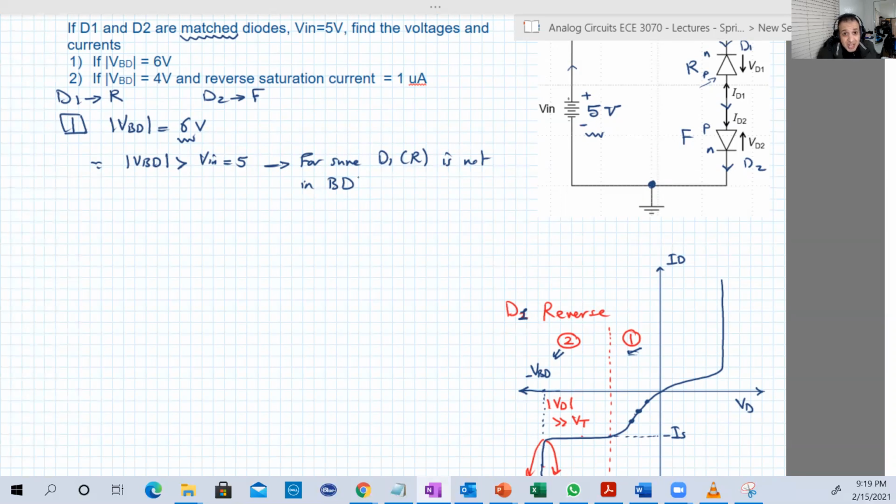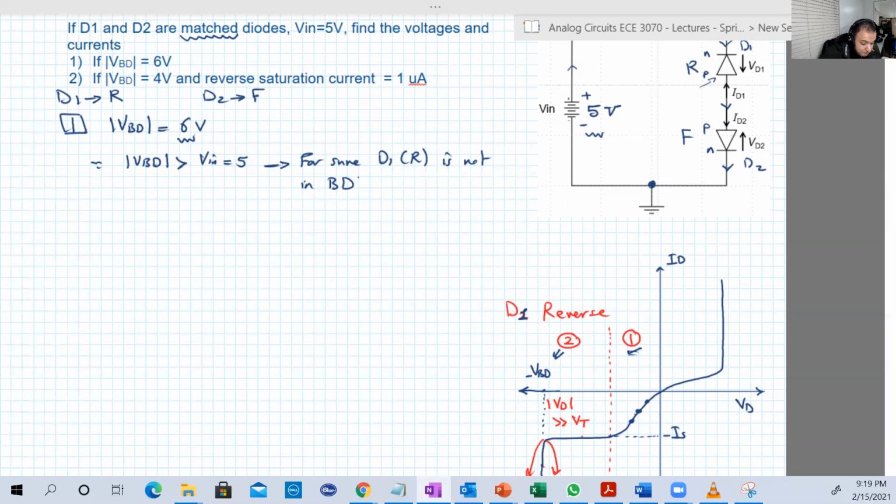But if we assume it's in 1 and it was not correct, then we are for sure in 2. And the opposite is also correct. If we assume it's in 2 and we prove it's correct, then it's really in 2. If we assume it's in 2 but we prove the assumption is not correct, then it will be for sure in 1.